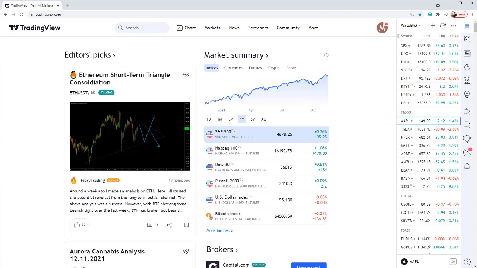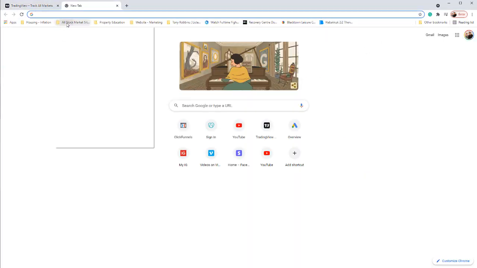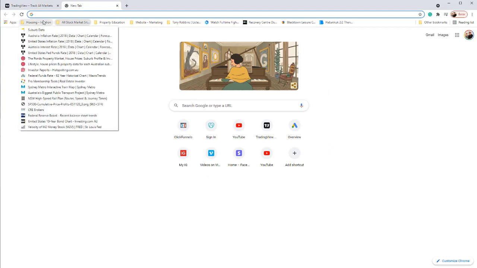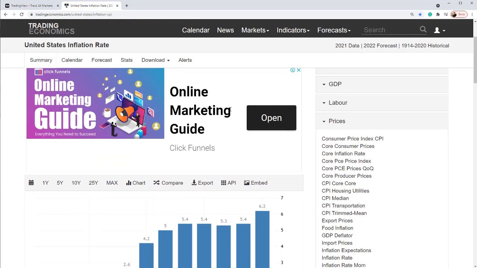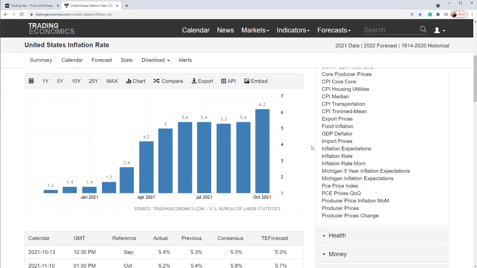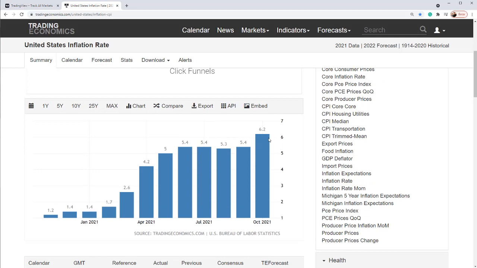So if we look at inflation, let me bring up the inflation number first. I want to go to the United States inflation rate. All right, so we can see that this is the inflation number here.